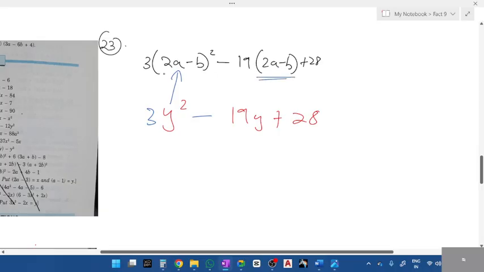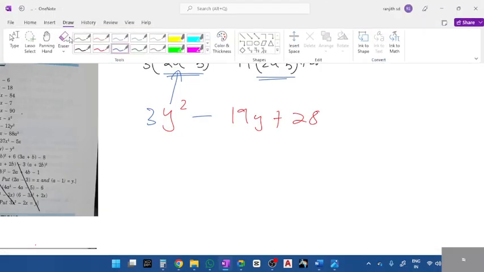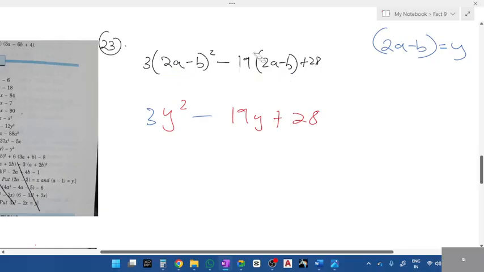Whenever we have equal values in bracket in a three terms question, you can't take it common. Instead of that, you replace them. You can take this as y or x. I have taken it as y. So in place of that, I have put 3y square, minus 19y, plus 28. Is this clear? Conversion, first line.